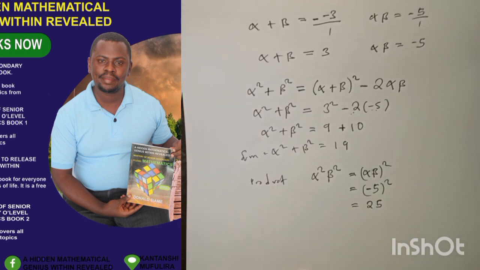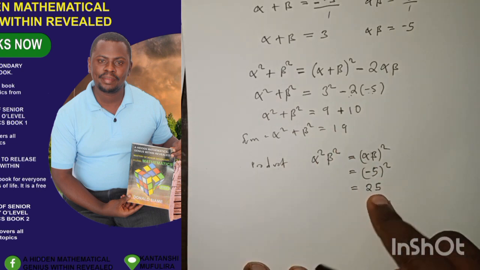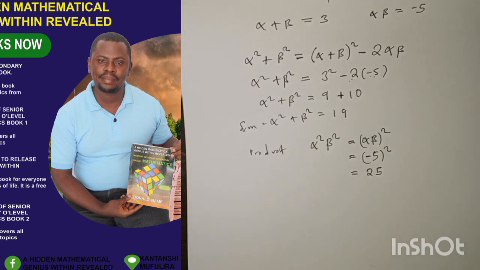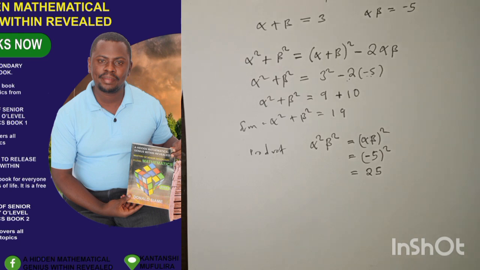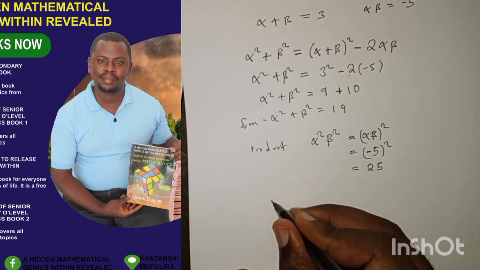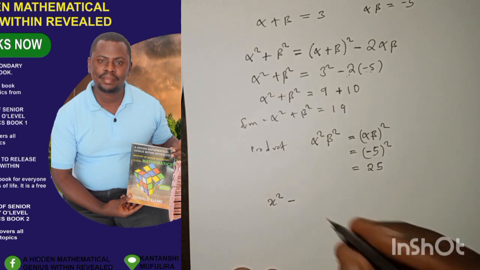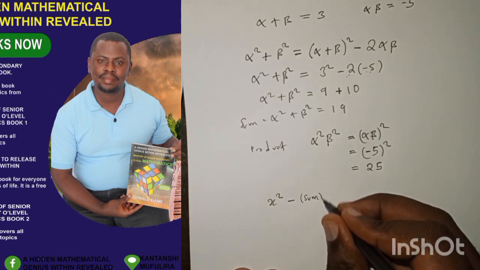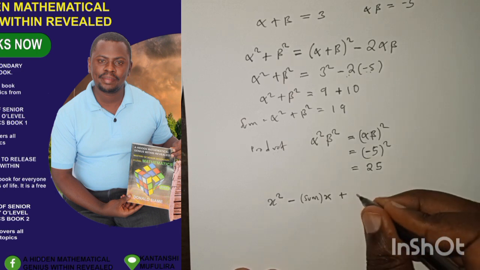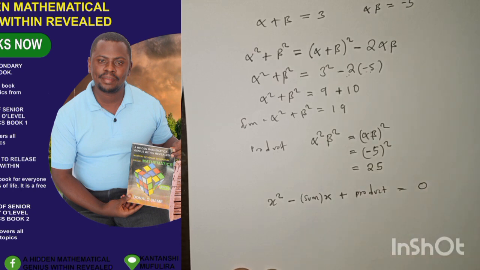So how do you come up with the quadratic equation since we have the sum, which is 19, and 25, which is the product? The form of a quadratic equation having sum and product is x squared minus sum x plus product is equal to 0.